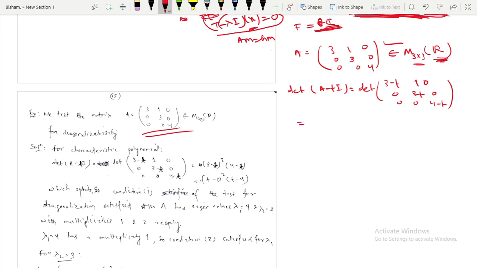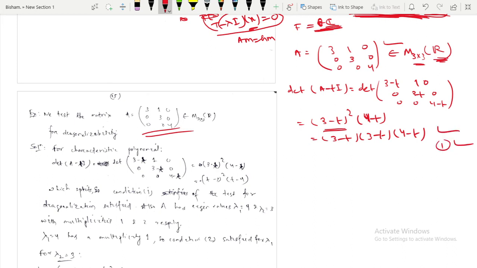Since this is an upper triangular matrix, this will be (3 minus t) whole squared into (4 minus t). So does it split? See here, (3 minus t) whole squared, that means 3 minus t and 4 minus t. So this thing splits, which means condition 1 is satisfied.